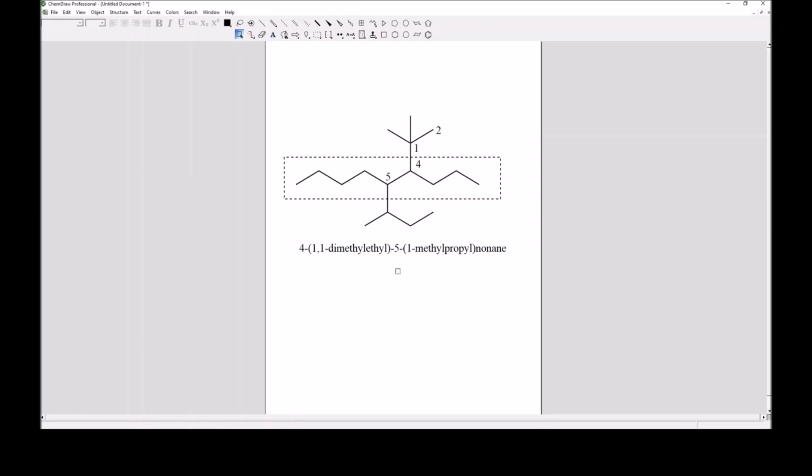We've identified the 2 locants, the number 4 and the number 5, are where things are branching off of the parent chain. In parentheses, I put those branches in parentheses because they're branched substituents themselves. So there's something coming off of the thing coming off of the parent chain. And then coming off of the ethyl group, I have 2 methyl groups.